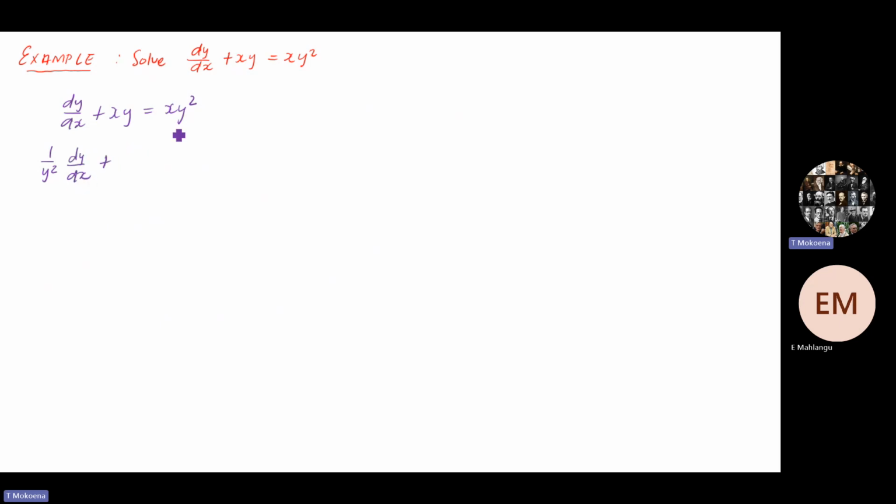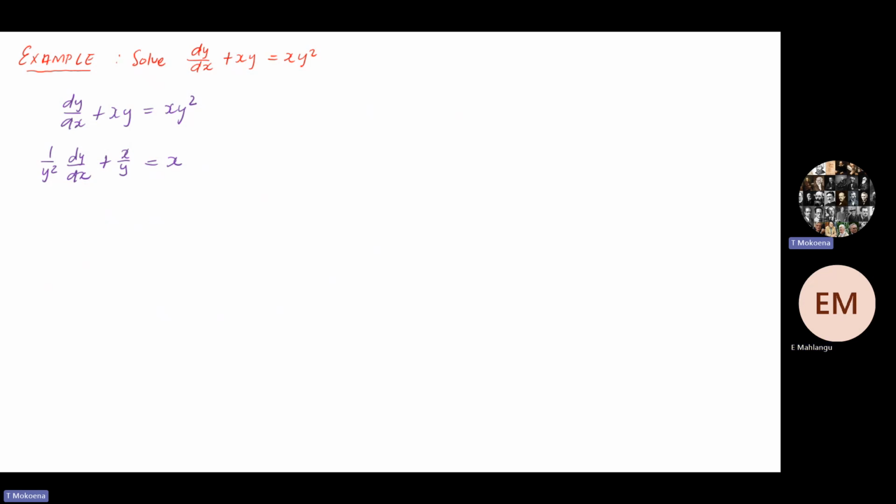And on this side, when I divide by y to the power of 2, I'm going to have x over y. Do you agree with me? Okay, yes, let me write it like this. And then on the other side, I'm going to divide by the whole thing, therefore I'm going to have x.